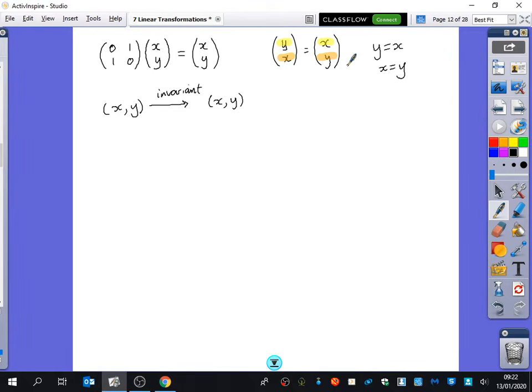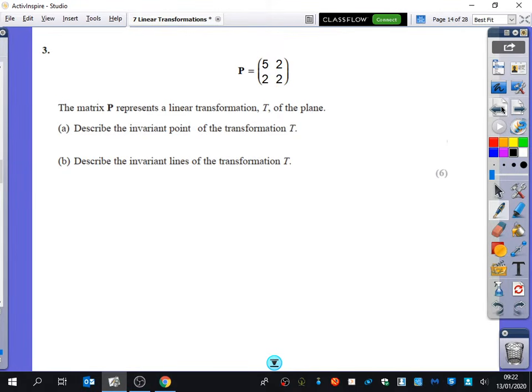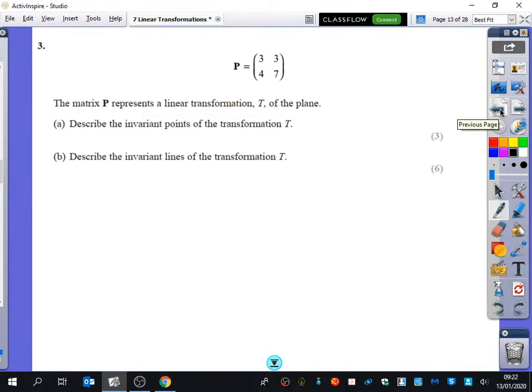Okay. So the one I wanted to look at was, and prepare yourself because this is quite a challenging question, and I couldn't find another question like it anywhere, so I've made one up that's basically the same but with just different numbers. So here we have, it says a matrix P represents a linear transformation T of the plane.